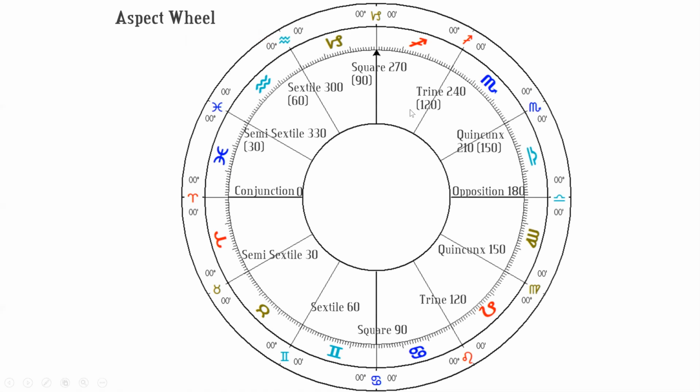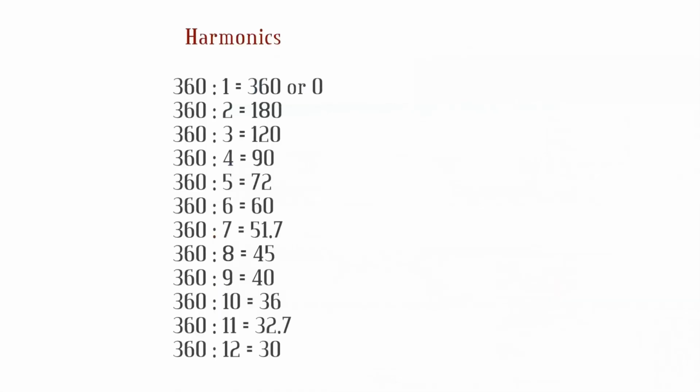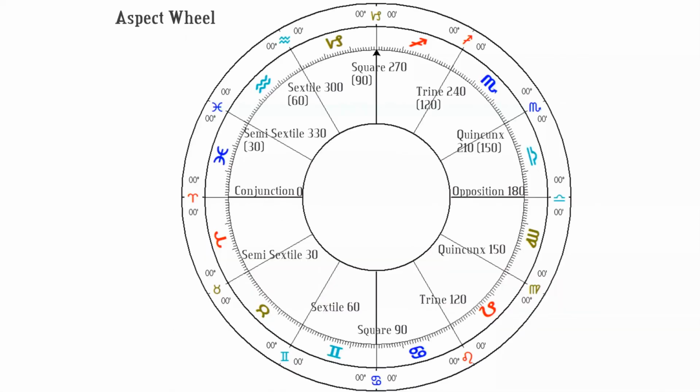So this is basically the division of 12, creating 12 semi-sextile increments. Then divided by 2, we have the opposition from Aries to Libra, and then from Libra to Aries. There are 2 hemispheres.